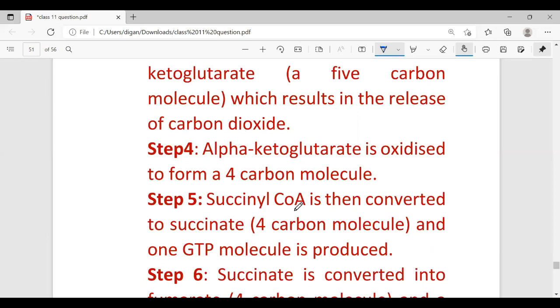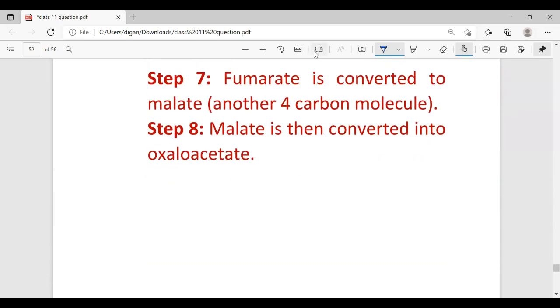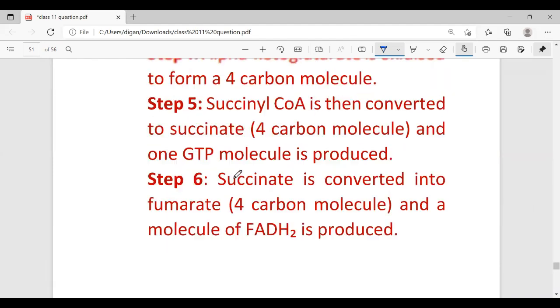And step 5, succinyl coenzyme A is then converted to succinate and 1 GTP molecule is produced. Step 6, succinate is converted into fumarate and a molecule of FADH2 is produced. Step 7, fumarate is converted to malate, and finally malate is converted into oxaloacetic acid. So these are the 8 steps of the Krebs cycle.